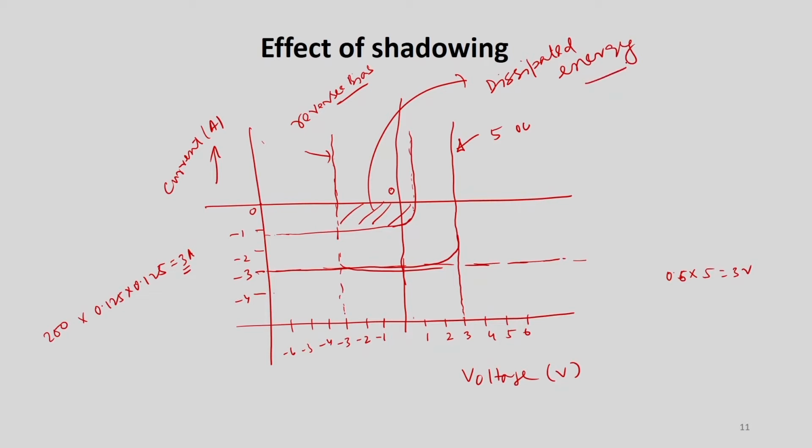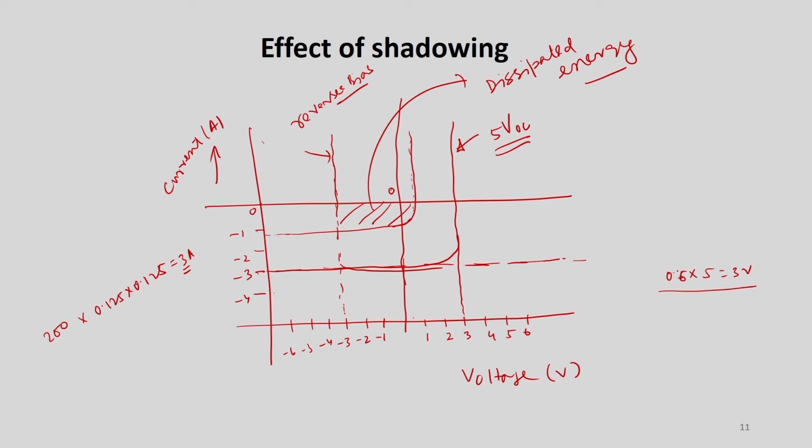What I have drawn here for this is 5 volt. So this is an IV characteristics curve for the scenario we discussed in the last slides. There are 5 cells which are producing energy. For 5 cells, what will be the voltage?